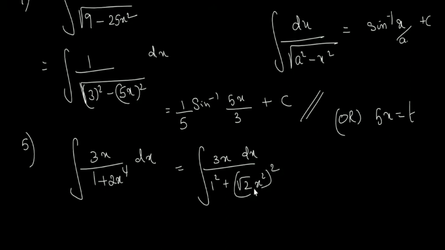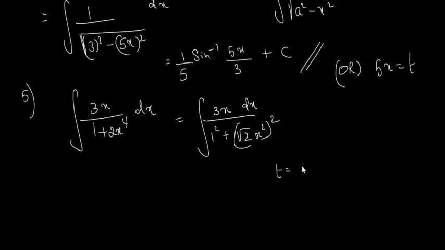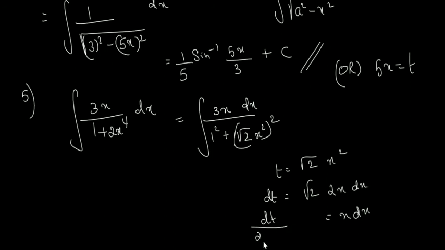Put this as t. You have to use substitution method, root 2 x square is t. So dt is root 2 times 2x dx. So x dx is equal to dt by 2 root 2.